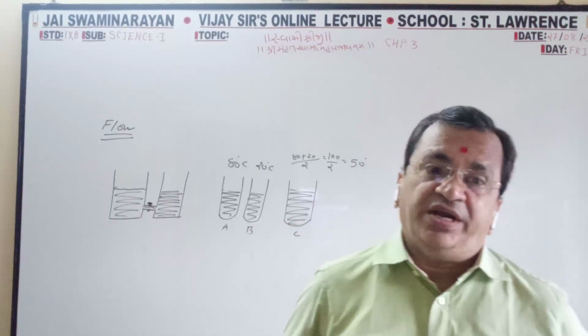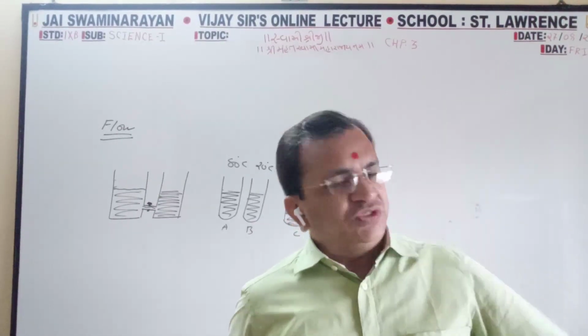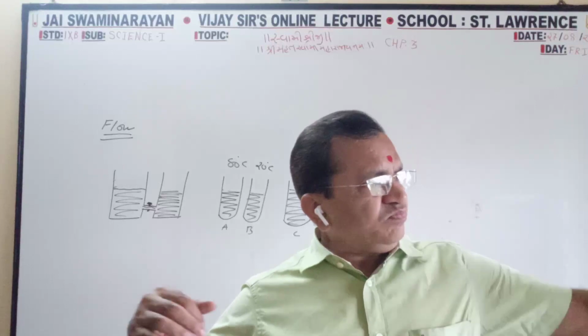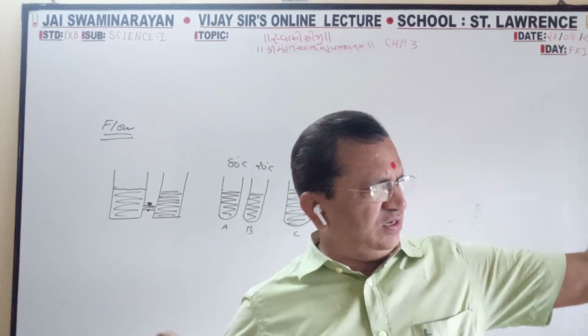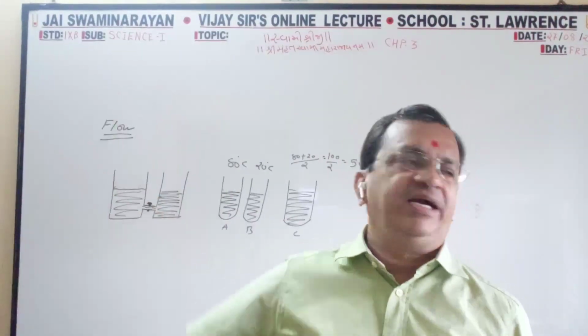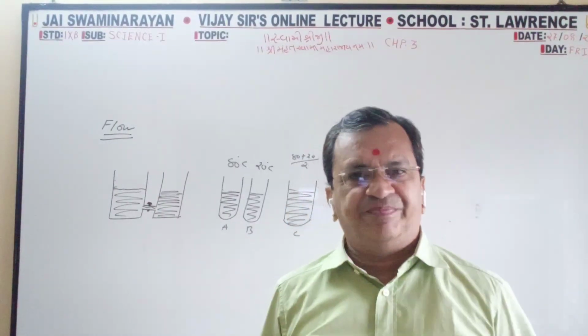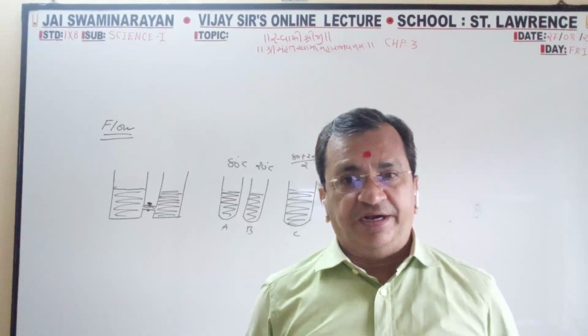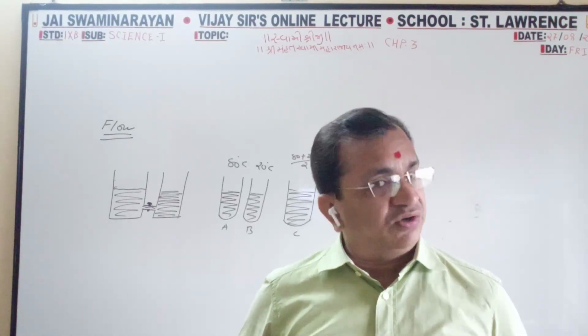Third example, wind. Sometimes we feel that wind is flowing from left to right. Sometimes from right to left it is moving. How to identify the direction, because it is not visible?